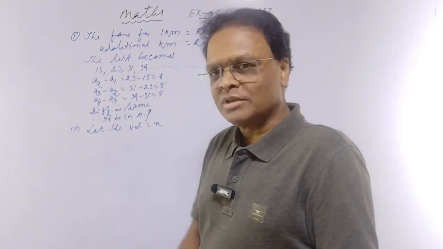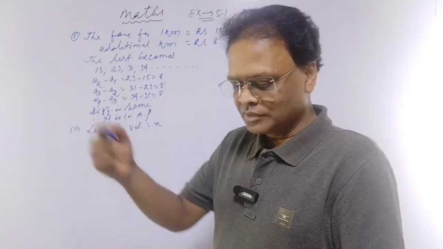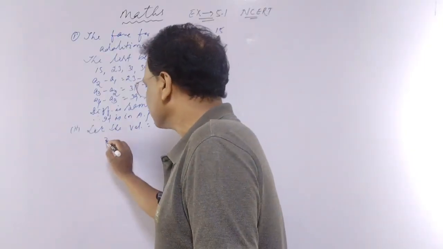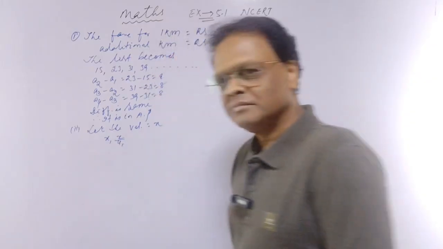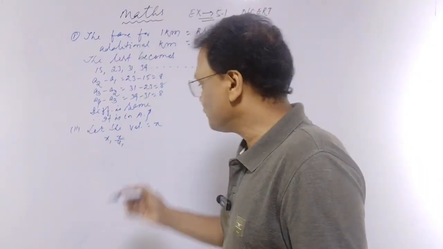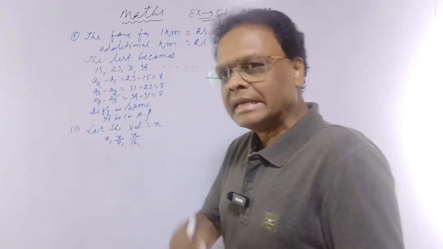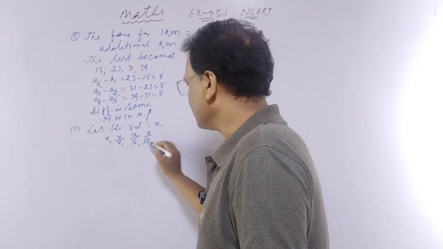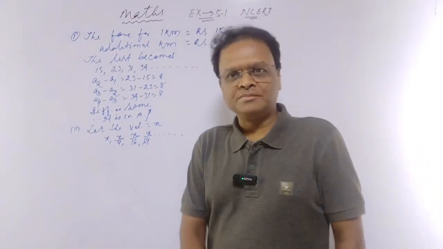According to the question, 1/4 of the air is removed. If the first term is X, the second will be X by 4. Again 1/4 of X by 4 means X by 16. Again, X by 64 and so on. This is the sequence according to the question.